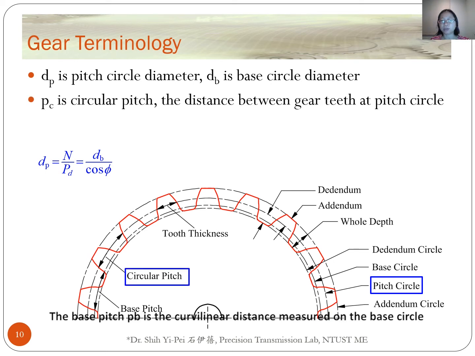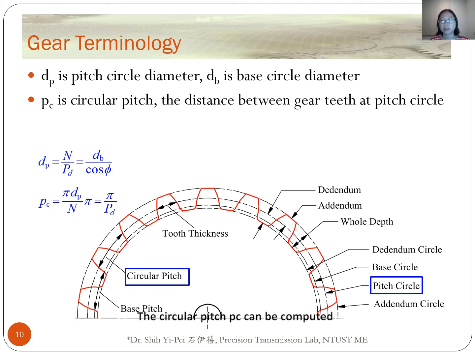The circular pitch PC is the curvilinear distance measured on the pitch circle from a point on one tooth to the corresponding point on the next tooth. The circular pitch PC can be computed as the circumference of the pitch circle over teeth number N, and you can also get it by pi over diametral pitch.